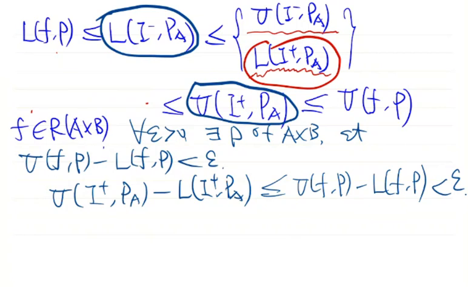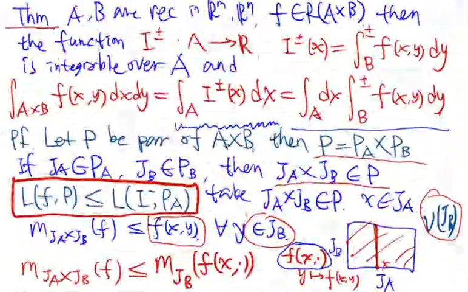So this proves that I plus is integrable over A. Similarly, for I minus, the result is also true. Okay, this proves our theorem. This proves the integrability of I plus and I minus. These two functions are integrable. This is part of the theorem.